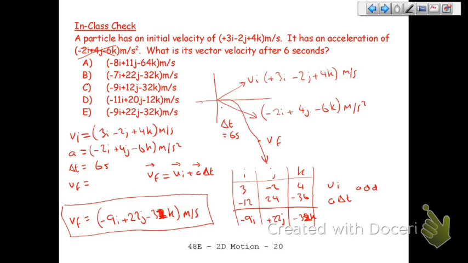If it was a projectile, then a would equal 0i, because there's nothing in the x direction, minus 10j, because there's minus 10 meters per second squared downwards, plus 0k. So I could have done that, just giving you a bit less information, because you know what a projectile is like.